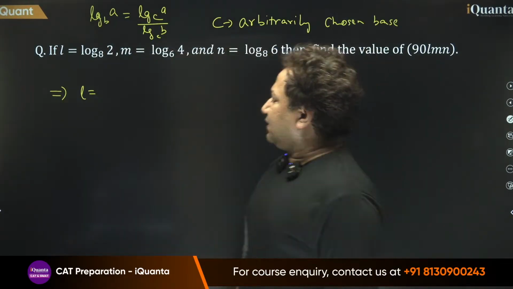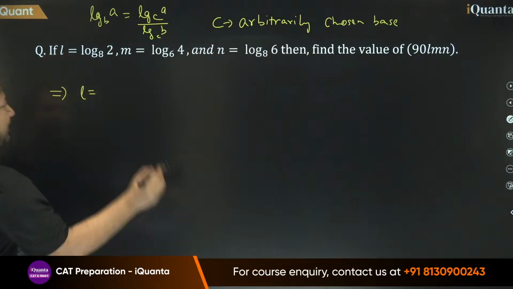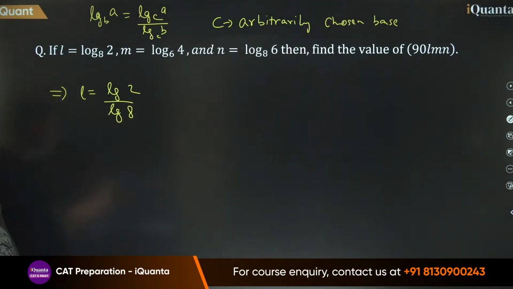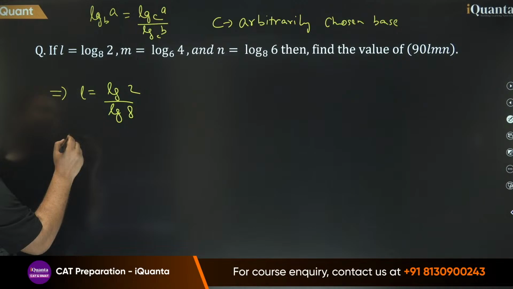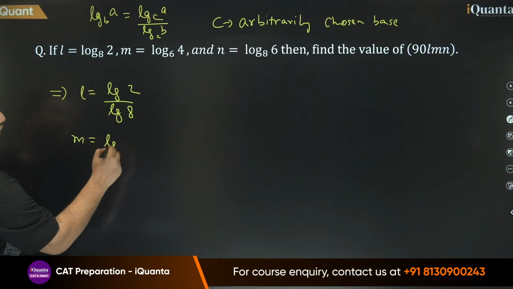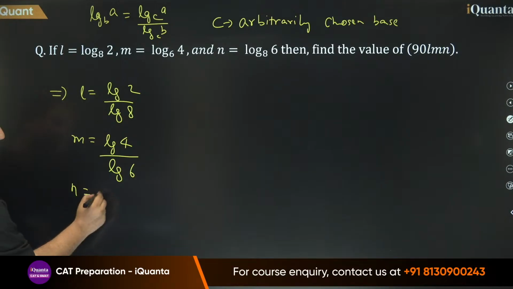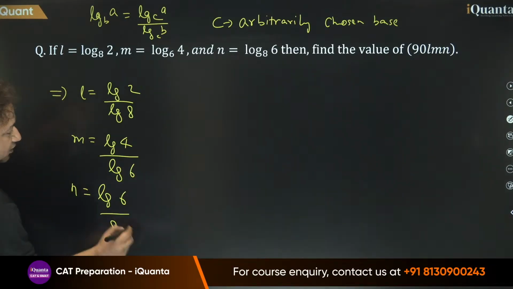I'll write L is equal to log 2 upon log 8 to whatever base. If the base is not given, we consider it to be 10 normally. Not the natural logs, because in CAT there are no natural logs. Similarly, the value of m will be equal to log 4 upon log 6, and the value of n will be equal to log 6 upon log 8.